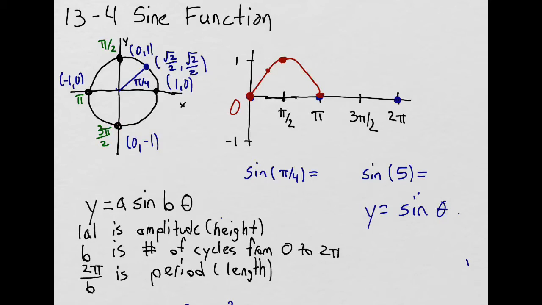So I'll put a dot of -1 at 3 pi over 2. Then we keep on rotating, and y is getting less and less negative until we're back at 0, back where we started.